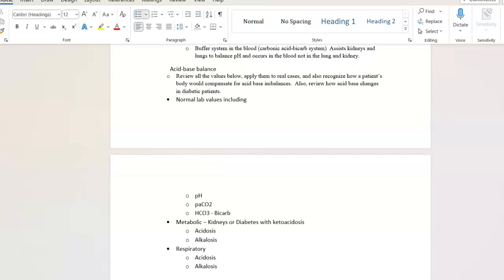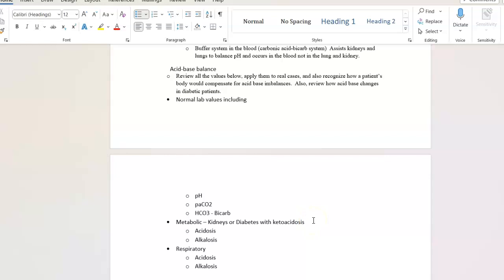Respiratory references CO2. Okay. So I would practice, if I were you, not only what happens with these lab values if someone were to have some sort of kidney damage and go into metabolic acidosis, what's a compensation? A great example is ketoacidosis.